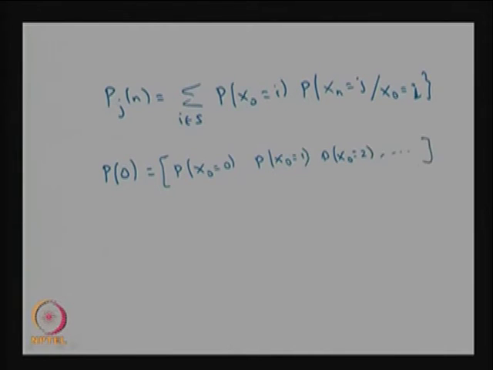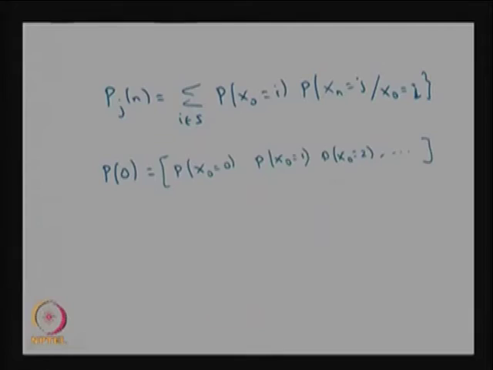So this is the initial probability vector. Unless otherwise mentioned in the state space, the possible states are taken as 0, 1, 2 and so on. So this is the initial probability vector or initial distribution vector.